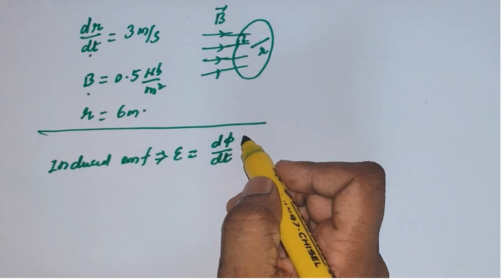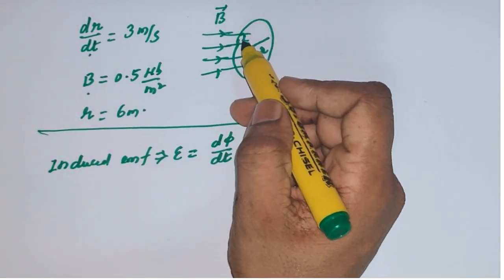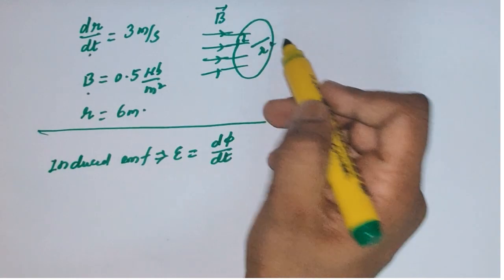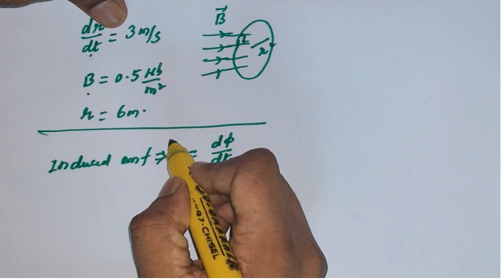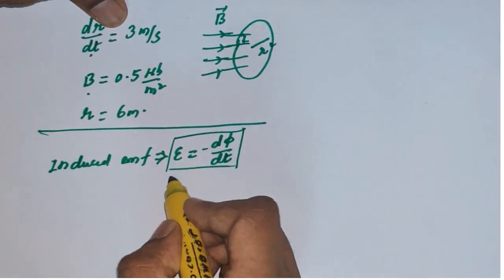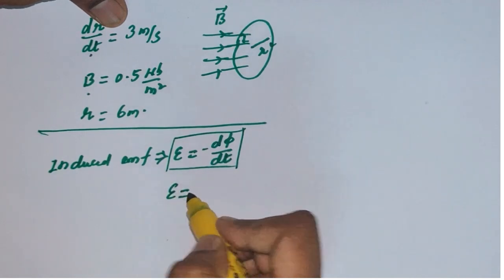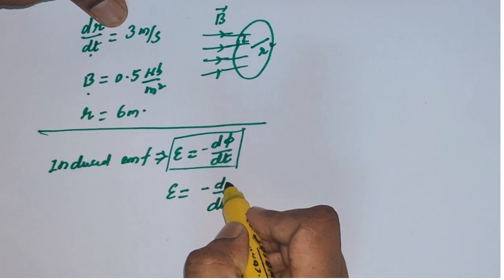Whenever the flux is changing, there is an induced EMF in the loop or coil. You can put the minus sign according to Lenz's law. So the induced EMF is equal to minus d by dt of the magnetic flux.